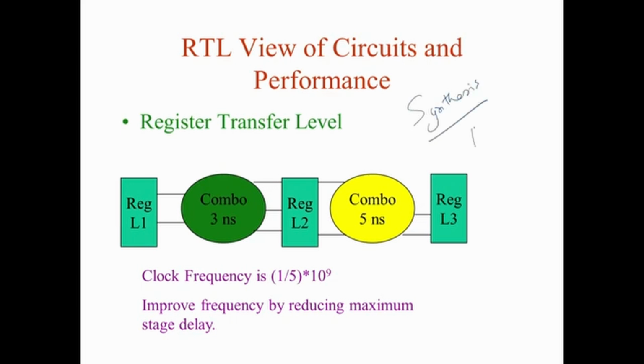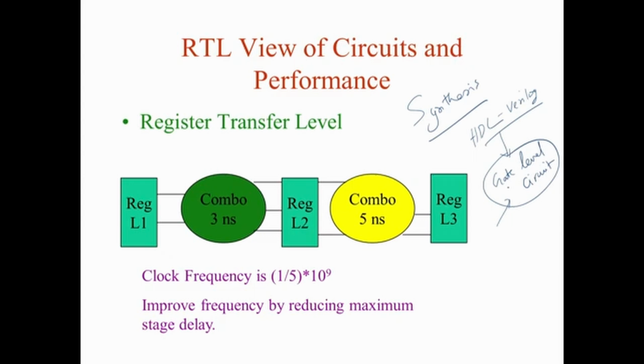You write something in a hardware description language like Verilog, or whatever you did last time in your course, and that is converted into a gate level circuit. Now when I convert it to a gate level circuit, there are tools and fabrication libraries that tell us these are all the gates involved and these are the ways they are connected, and they will give you what would be the delay.